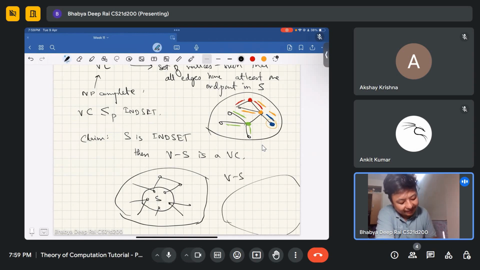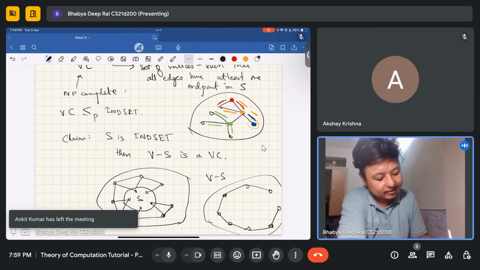V minus S is a graph obtained by keeping only the other vertices, by deleting these vertices. So I'll just keep this, and so on, and let's say something like this, and this is my graph, and then I'll keep this.